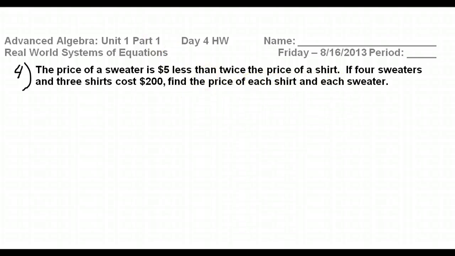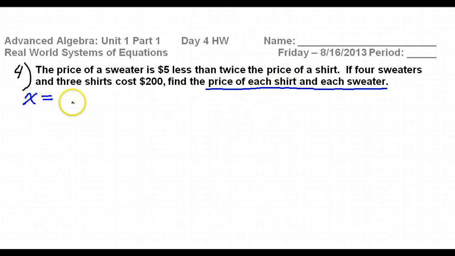Alright, that last sentence tells us what the variables need to be. We need to find the price of each shirt and each sweater. That's what the variables need to be. Okay, shirt and sweater. So they both start with S, so that's not going to really help me out. So you know what? I'm just going to use X and Y. Alright, so I'm going to let X be the price of a shirt. Be very specific.